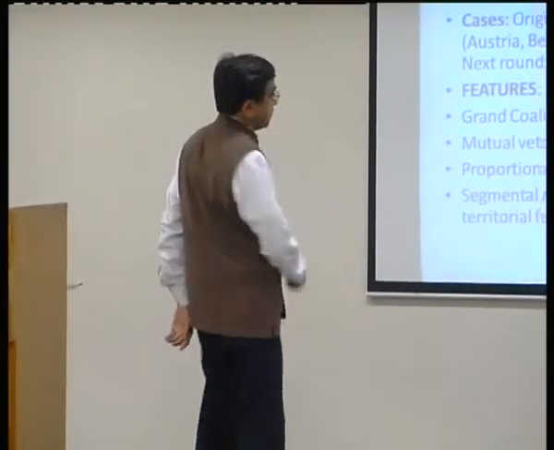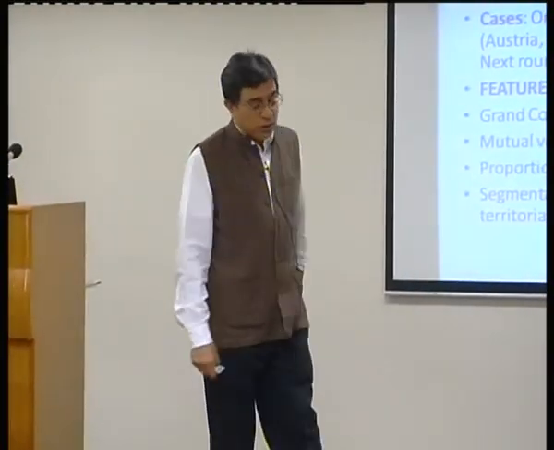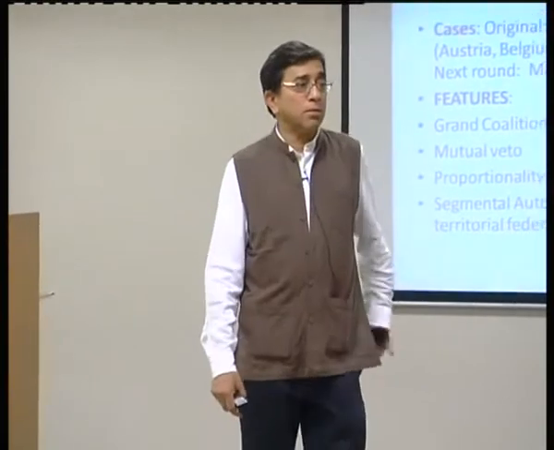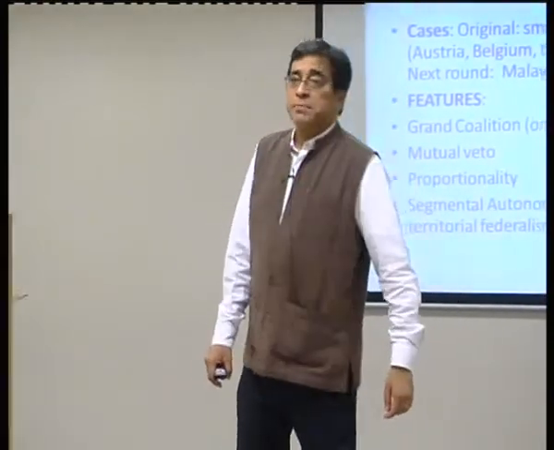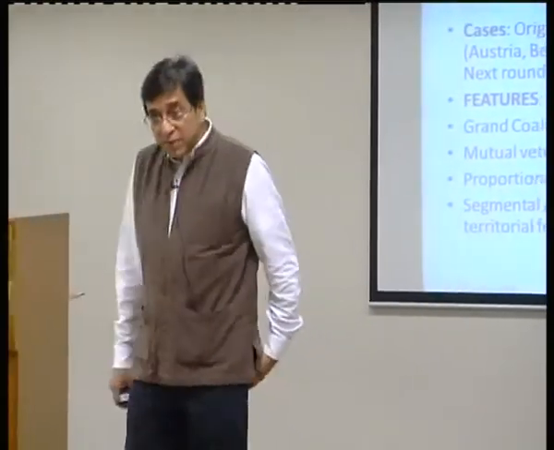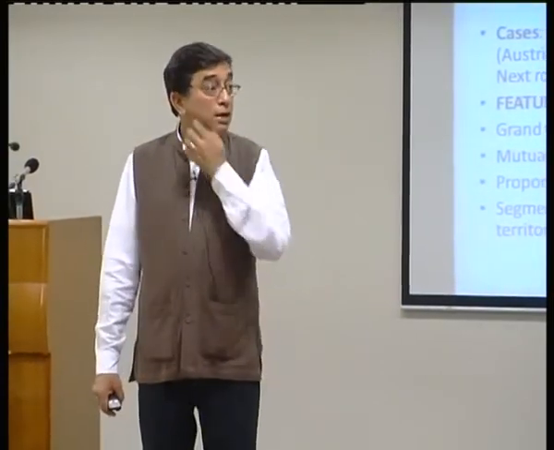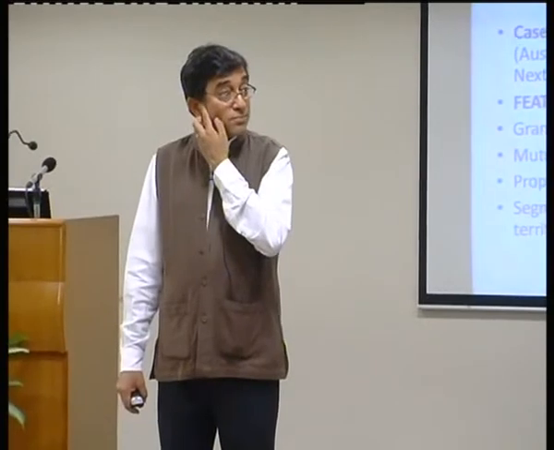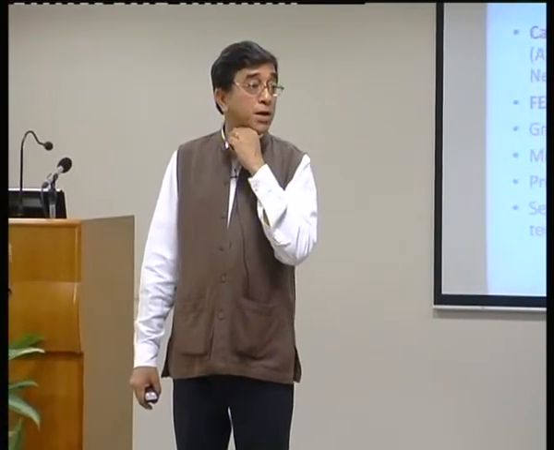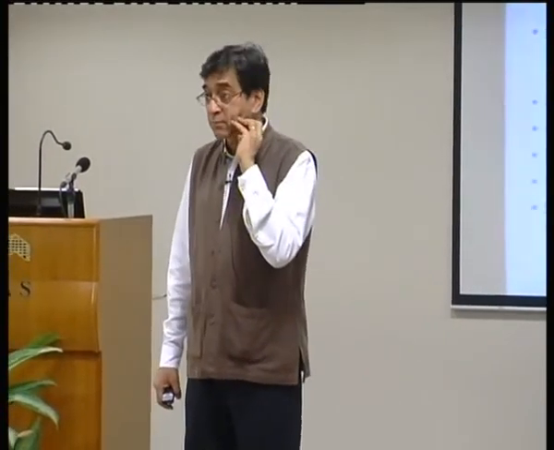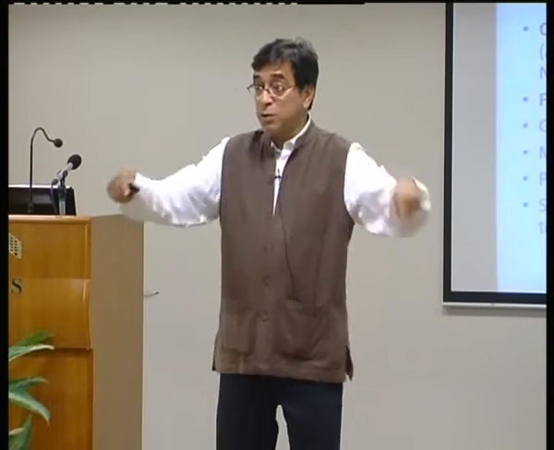And segmental autonomy. This takes two forms, territorial and non-territorial. Segmental autonomy, when territorial, is basically federalism. Each group having a state of its own, with sufficient power allocated to the state or provincial level. That's one version of that. That is the territorial part, if they are regionally distributed.